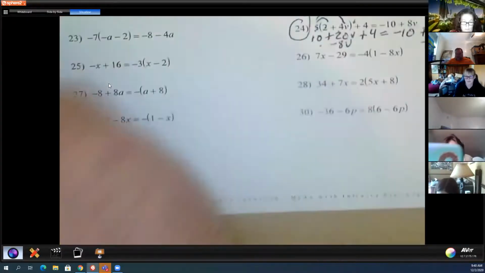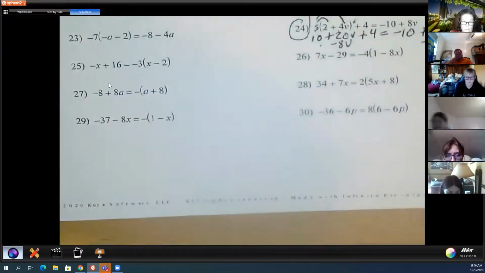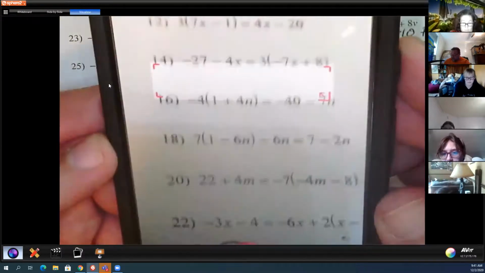Okay, I'm going to show you something. Hold on a second. Okay, this is a truly amazing application. It's called PhotoMath. Now, I want you to see what I can do here.